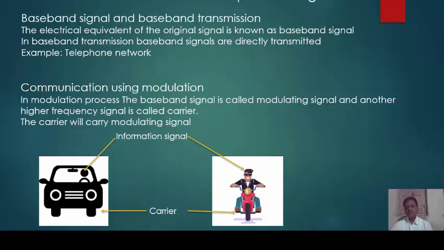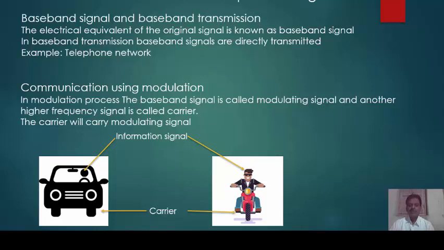as the baseband signal. For example, suppose there is sound, an analog type of signal, and sound is a physical quantity, a pressure, and that sound signal is converted into an electrical signal.